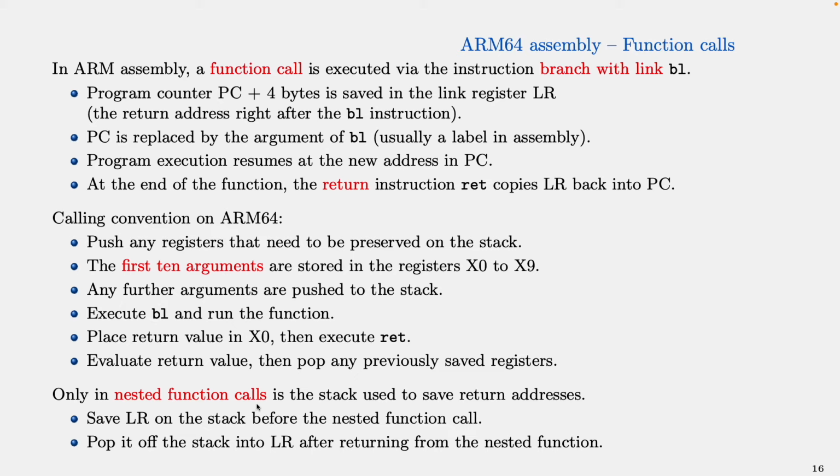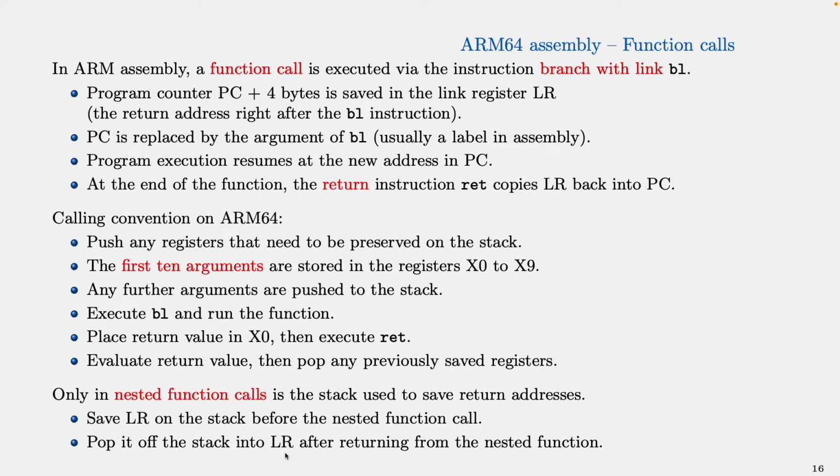Because we only have one link register, that would overwrite our previous return address and it would be lost. So of course we have to save the link register on the stack before we do the nested function call. And once we return from the nested function, we have to pop it off the stack back into LR and fix our return address.